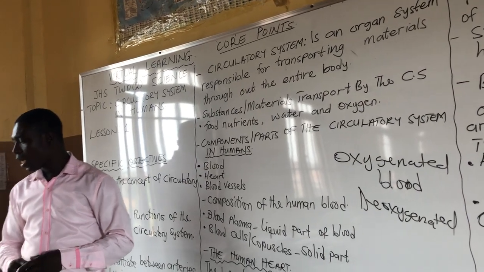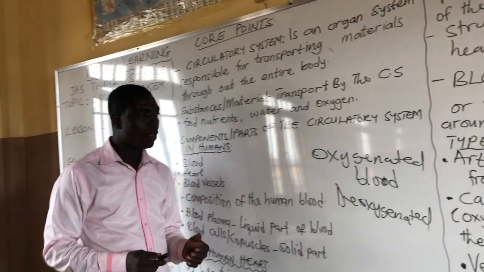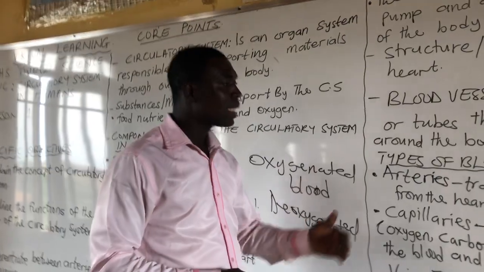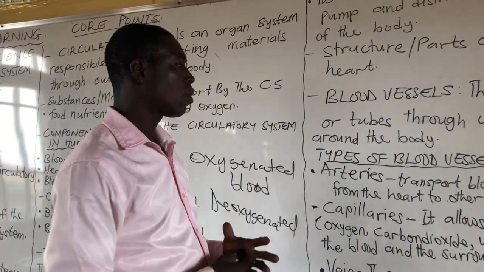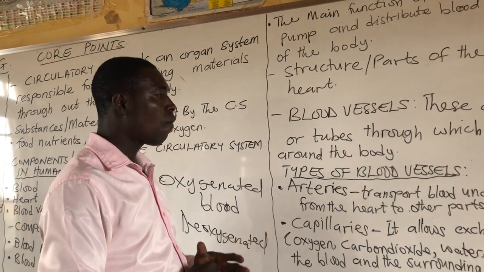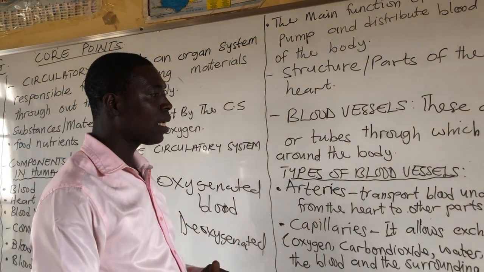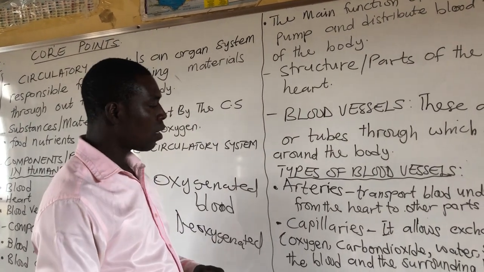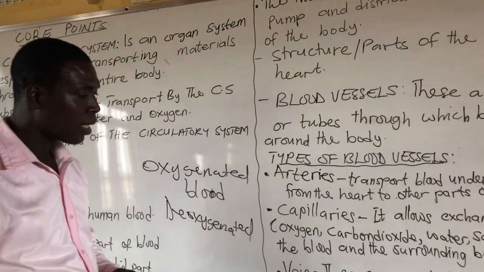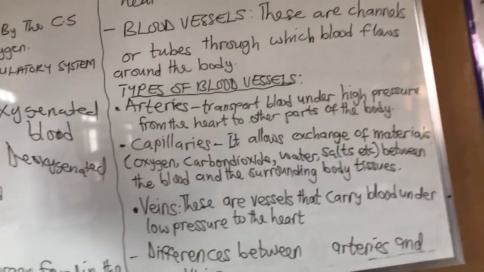Now let's talk about the last difference here. You can see that the arteries transport blood under high pressure. That is force. The movement of blood from the heart to all parts of the body comes with force or pressure. But with the veins, the movement is under low pressure.